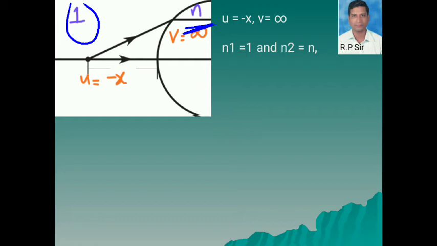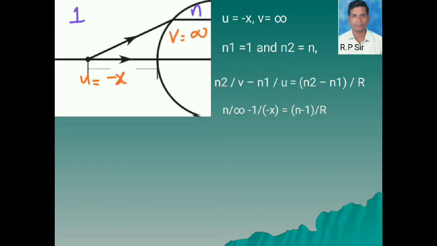Using the formula n2 by v minus n1 by u is equal to n2 minus n1 by R. Substitute the values, that is v equals to infinity and u equals to minus x in this equation. We get n by infinity minus 1 by minus x is equal to n minus 1 by R.